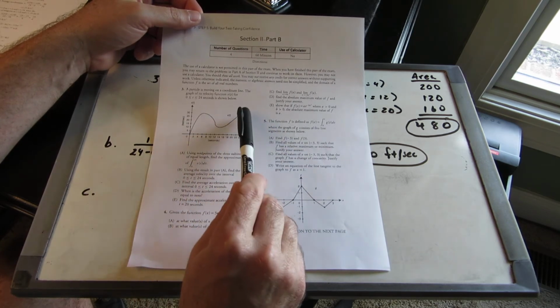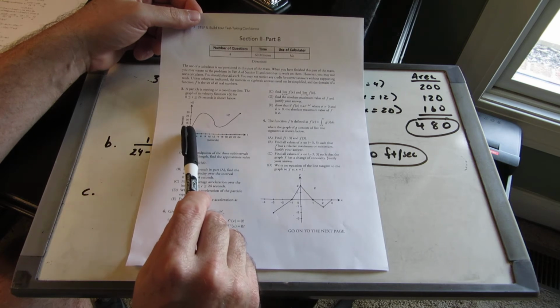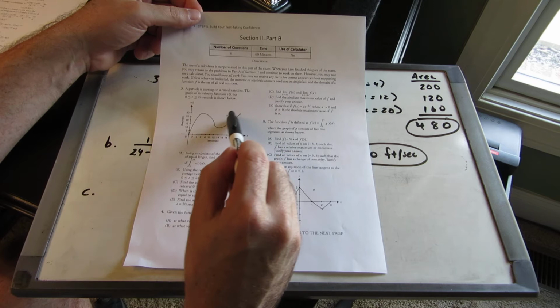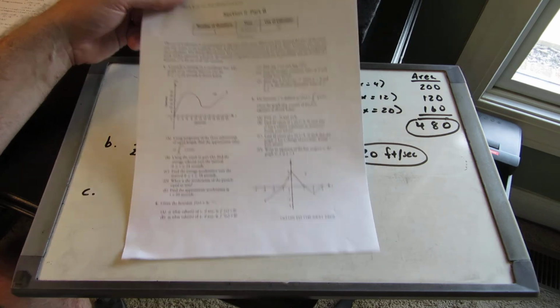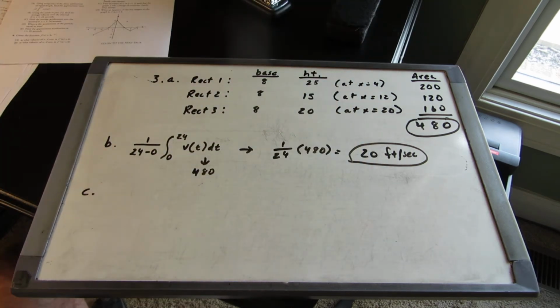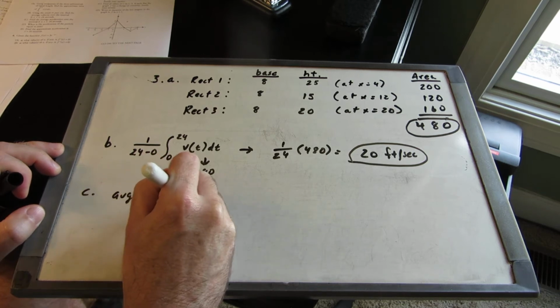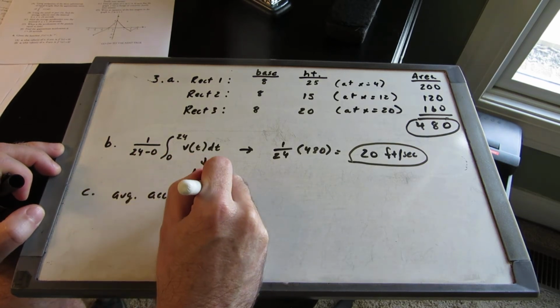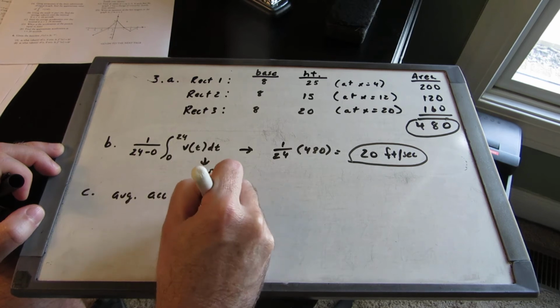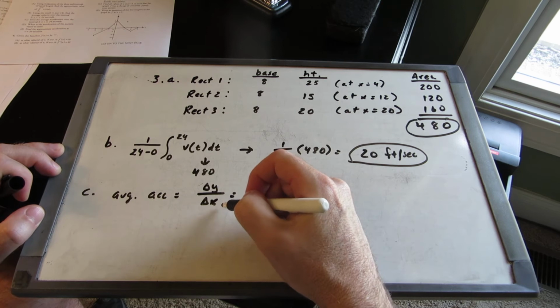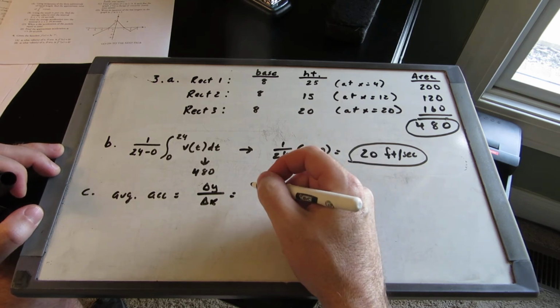If we were to draw a secant line, that slope would be your average acceleration. So average acceleration is going to be the change in y over the change in x, or change in velocity over change in time, if you want to think of it from physics.